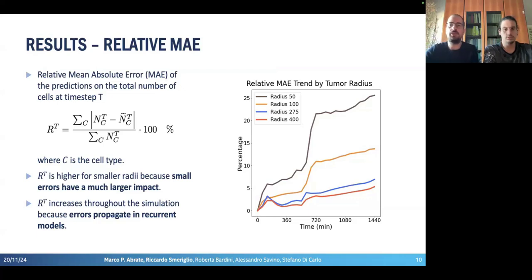This is due to the fact that even for very small errors in the number of cells, the relative error is very high due to the small number of initial cells in the simulation. But for the simulations with the highest radii, the error is very low and is below 5% for the two higher radii that we used, for example.